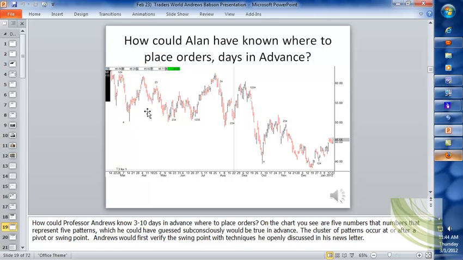Over here number 4 is true. 2 and 3, 4. 2, 3, 4. 1, 2, 3, 5. 2 and 4. 2, 3, 4. So effectively, what Andrews could have done was simply look at a chart with this much data up to this low bar here and say, okay, this is probably a reversal up here, using my standard course indicators.